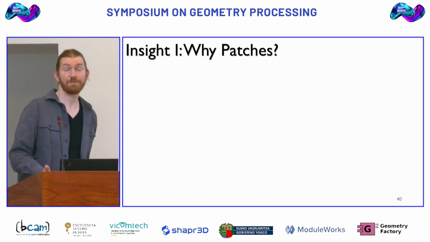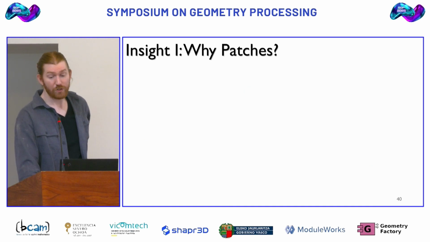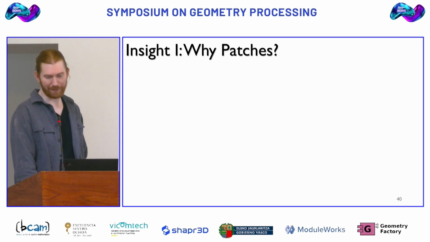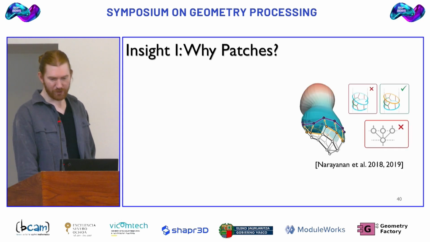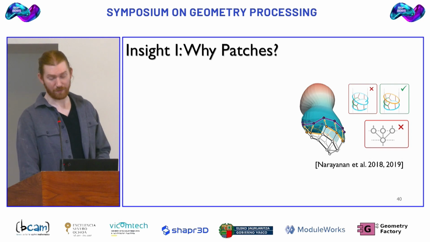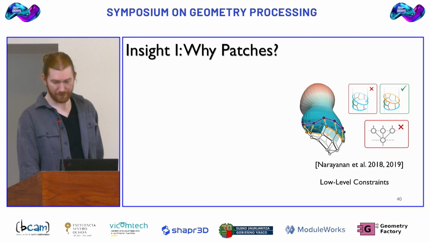So first, why patches? We chose to use coarse patches because they allow us to verify machine knittability at a high level. So the first insight is that we can lift the low-level machine knittability constraints on knit graphs that we talked about earlier into high-level constraints.